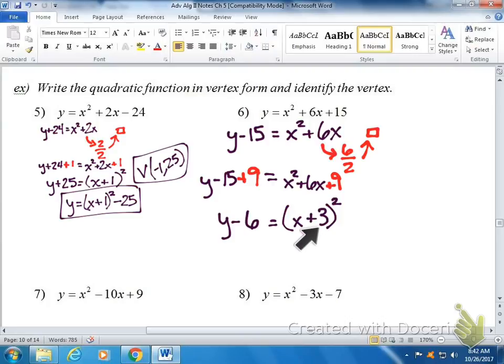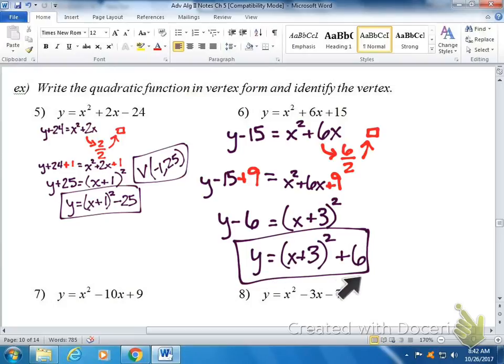And notice how in the completed square, it's that linear term divided by 2, because this would be x plus 3 times x plus 3. In vertex form, adding 6 to the other side, y equals the quantity of x plus 3 squared plus 6. So the vertex is going to be the opposite of that x position, negative 3, but you keep the sign of the 6.